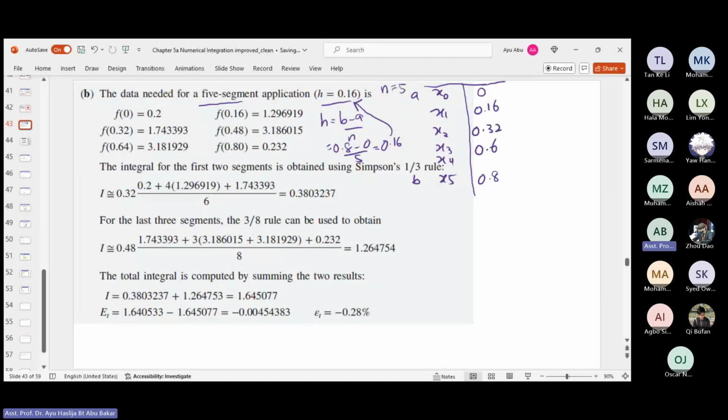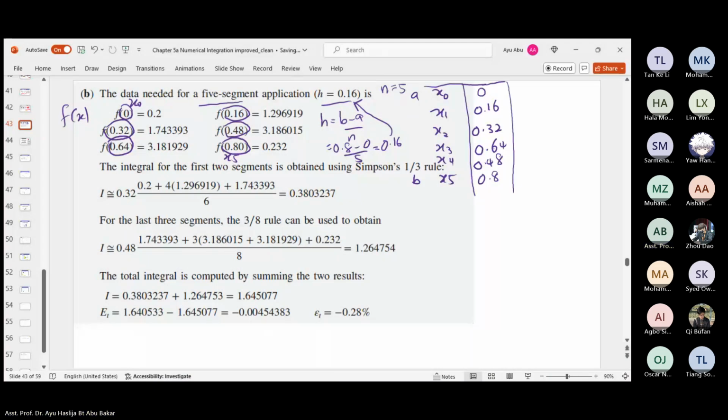So this is your data point. x4 is 0.48. In this example, this is the value of x, from x0 to x5. Then after you determine your x points, you should find out your f(x), as given over here. How do you get this?